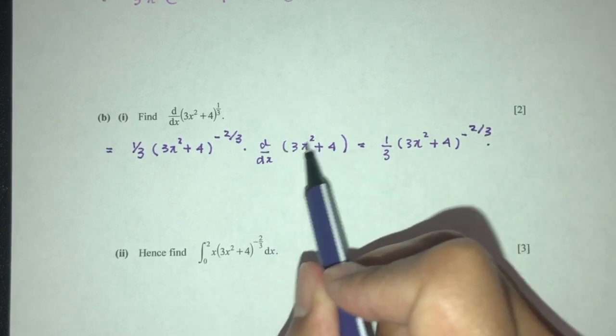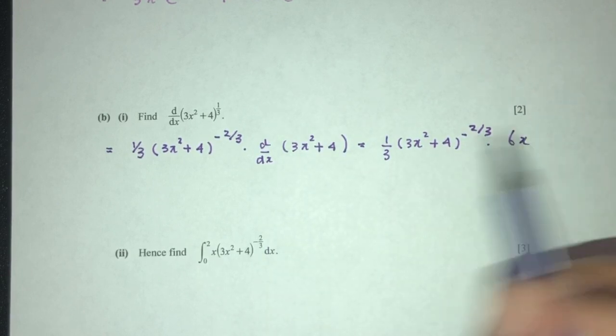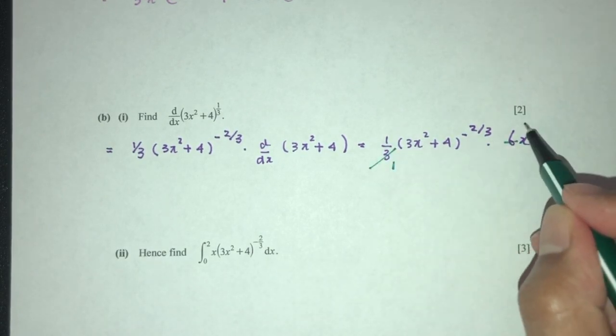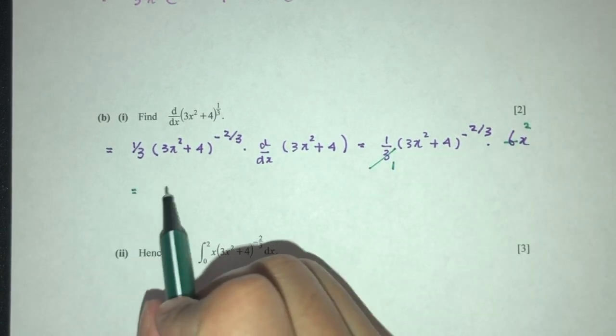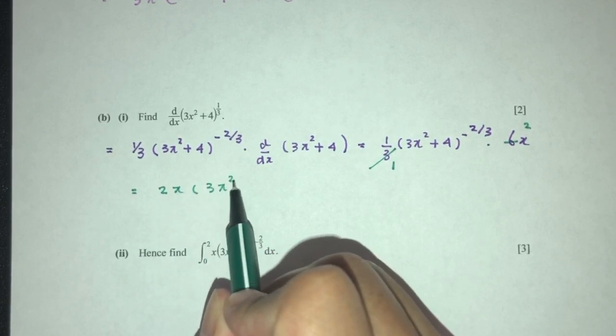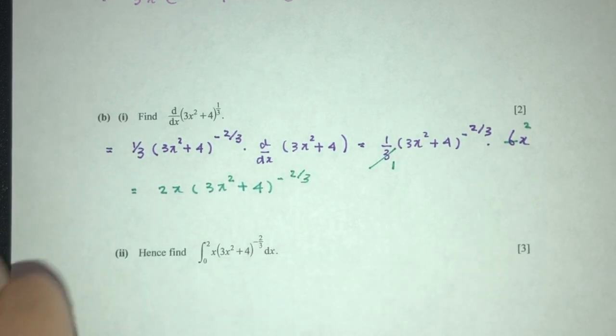And d by dx of this will become 6x, right? Now we can simplify, this will go away. This will be 2. So you will have 2x times 3x squared plus 4 to the power minus 2 over 3. This is obviously part 1 of your question.